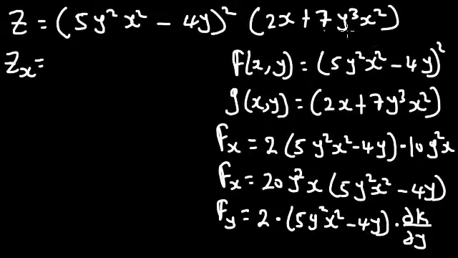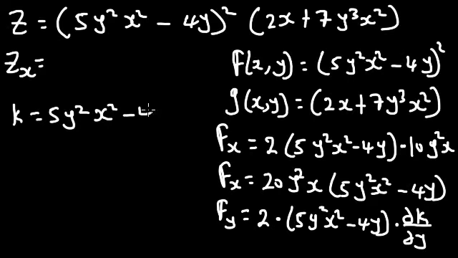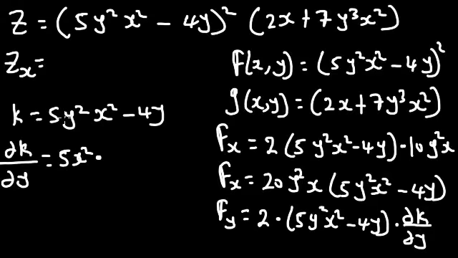If you differentiate k with respect to y, let's do that because we have 2 y's. Since k is equal to 5y squared x squared minus 4y, then k sub y would be equal to, you are treating 5x squared as a constant. So you have 5x squared multiplied by the derivative of this one, that's 2y. Then minus the derivative of 4y, which is simply 4.